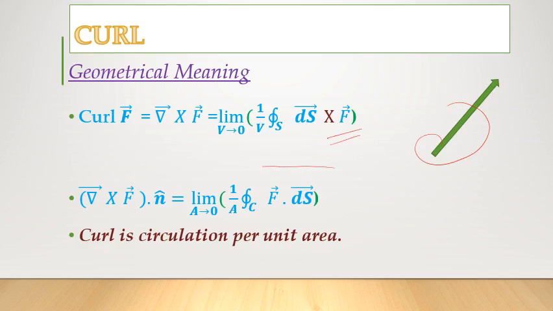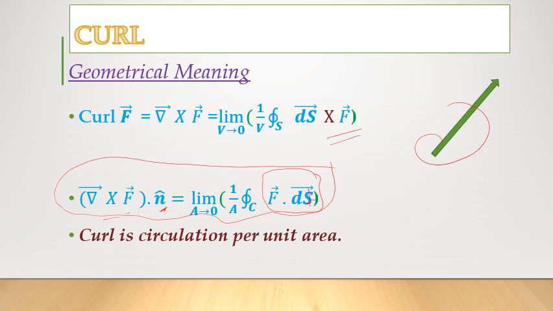This can be defined in another way also, which is very useful. If you want to calculate that curl vector in any direction n cap, a unit normal vector, then you have to do this. Take the field, then take the dot product with this. This is not now a surface vector, this is the length vector.